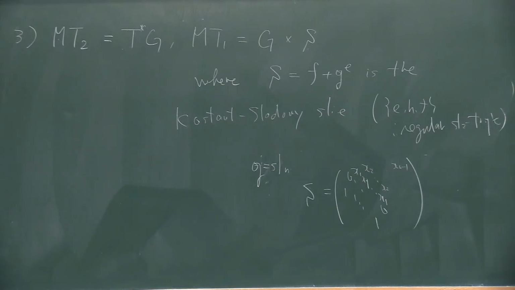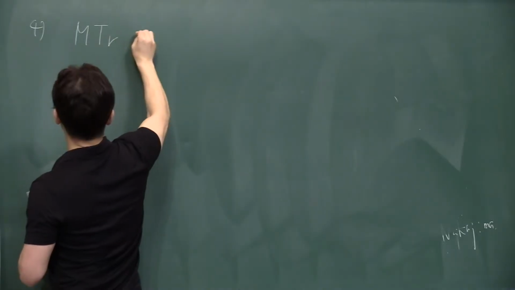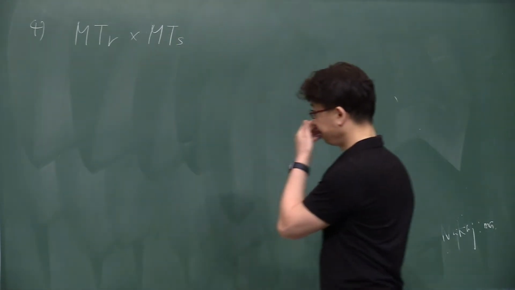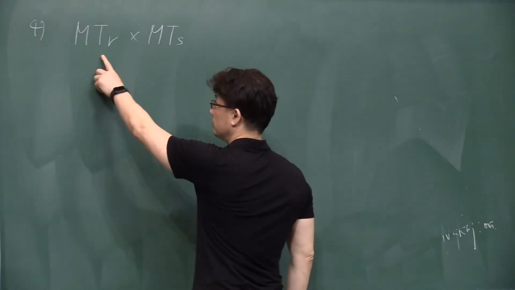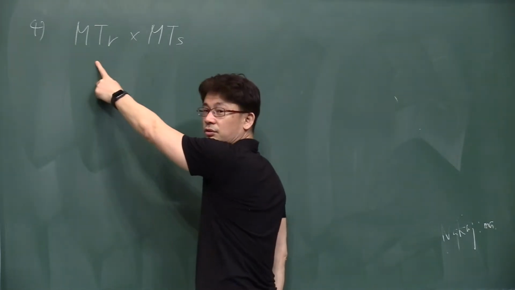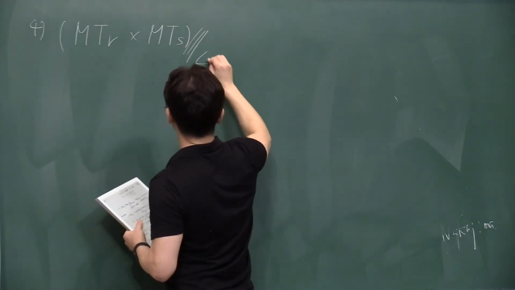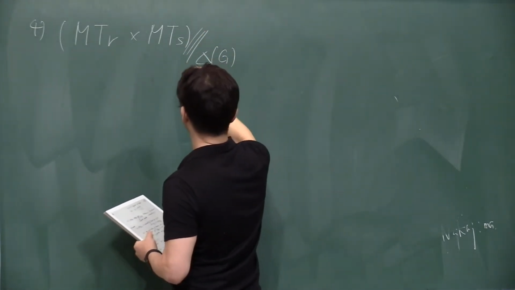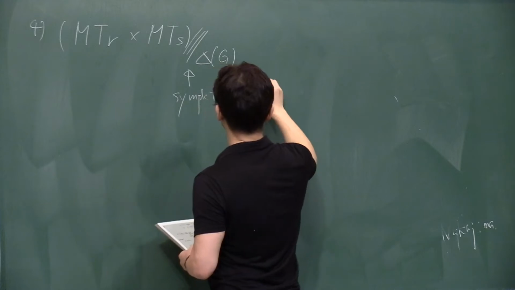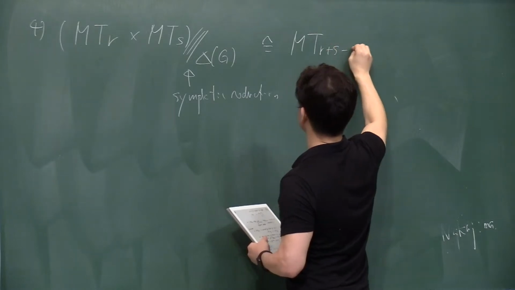And there's another condition called associativity. So if you consider the product of MT_R and MT_S, there's an R-fold commuting action of G here and an S-fold commuting action of G here, and you pick one action from here and one action from here, and then consider a symplectic reduction, then this is isomorphic to the Moore-Tachikawa variety for R plus S minus 2.